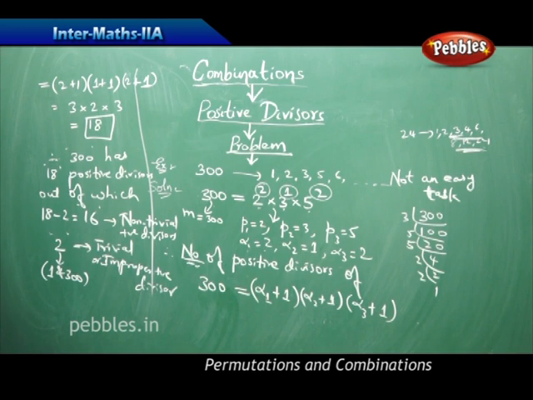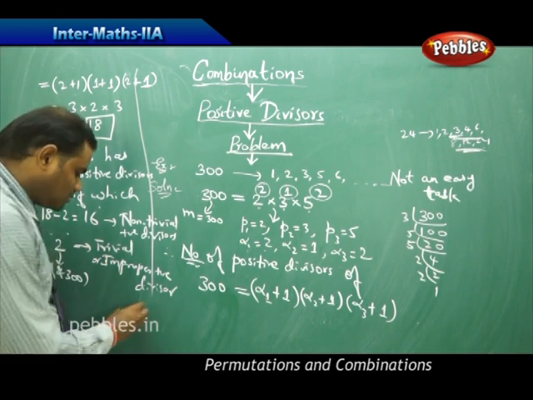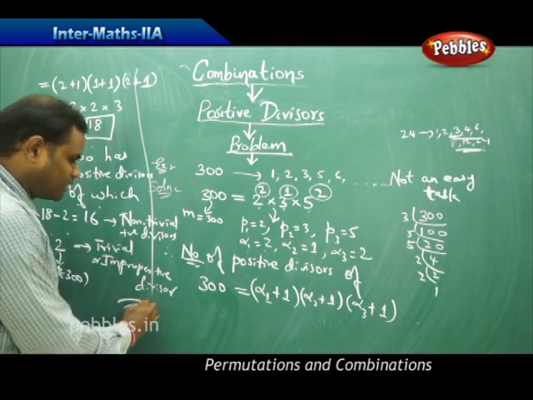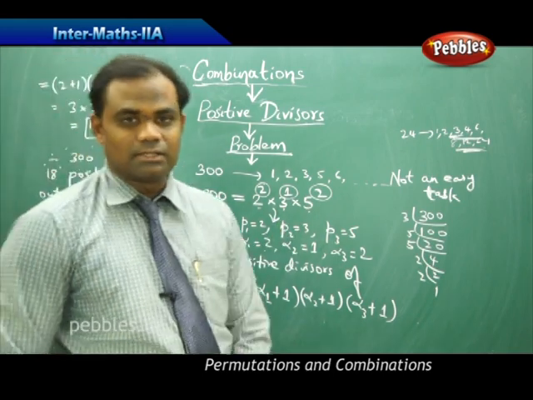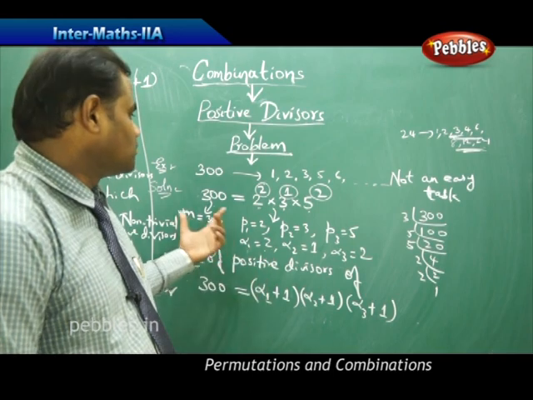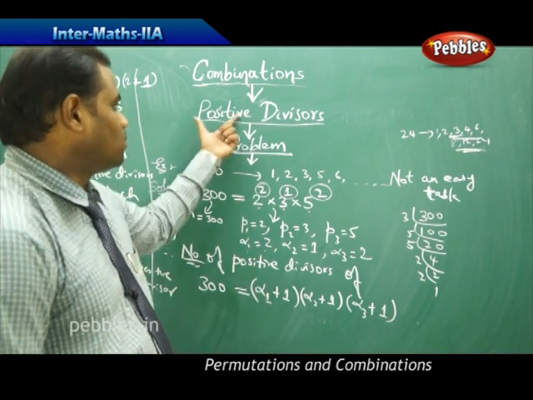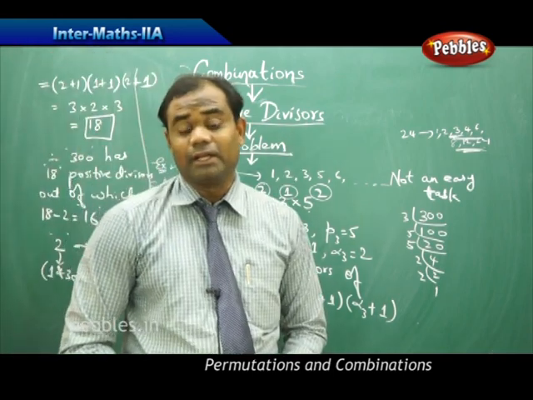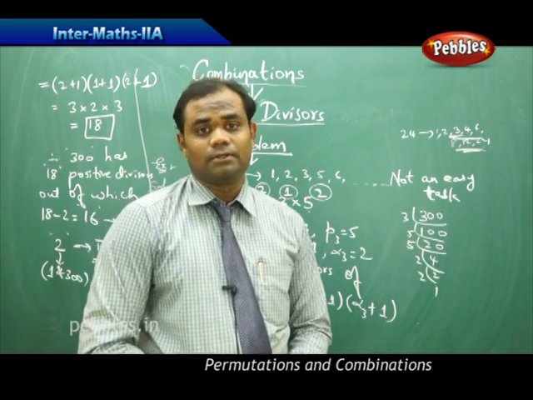This is how, for any large number, we can conquer the divisors using this concept. It is not an easy task to find the positive divisors of very large numbers without using the formula.